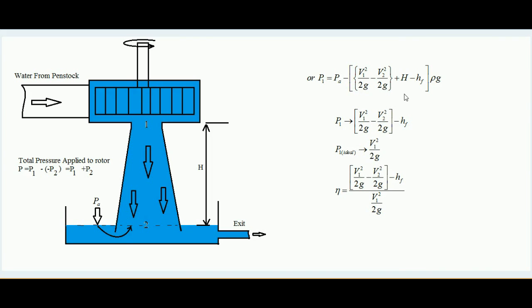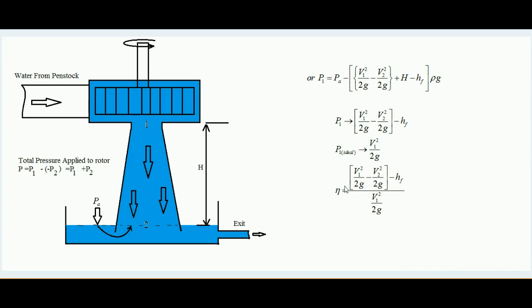Thus practically the P1 depends upon V1 square by 2g minus V2 square by 2g minus HF. Ideally the maximum vacuum will be created in case V2 and HF are 0. So this is the ideal case, V1 square by 2g, and this is the practical case. So this ratio is what is called the draft.